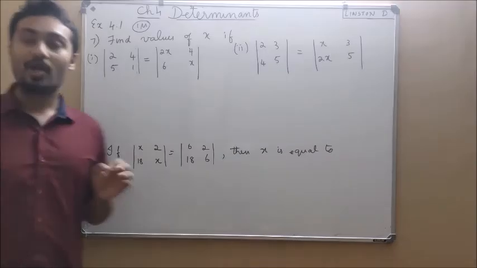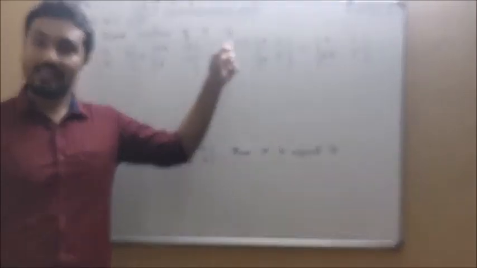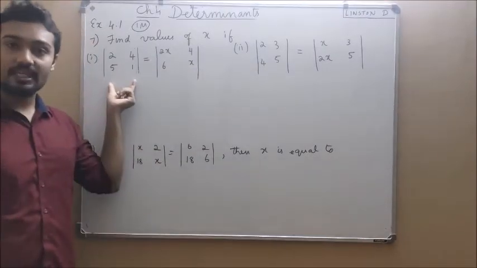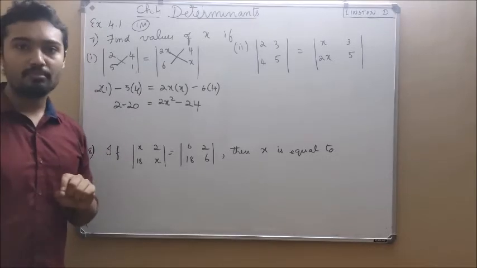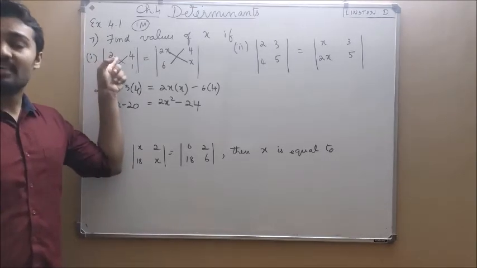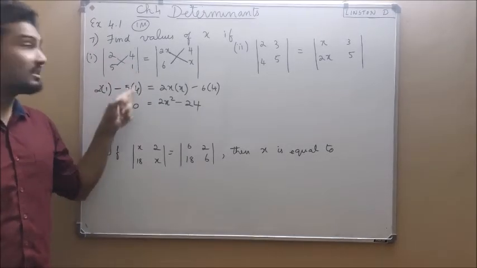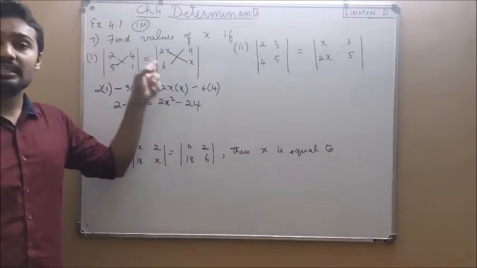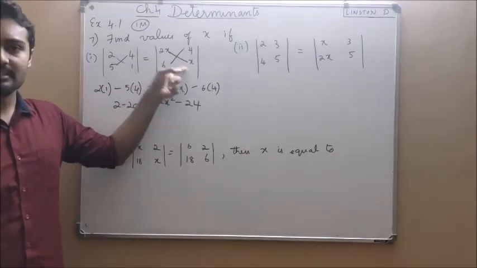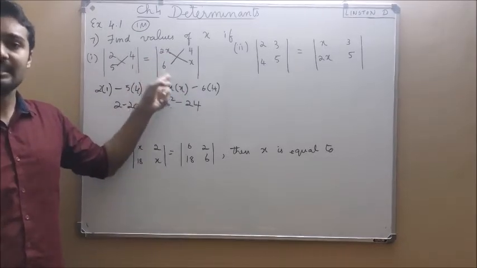Done. Next we will do the seventh question. Find the values of x if the determinant of this matrix equals the determinant of this. Now we will take the determinant. We multiply the first diagonal minus the other diagonal. So 2 into 1 minus 5 into 4 equals, here, multiply the diagonal 2x into x minus the other diagonal 6 into 4.